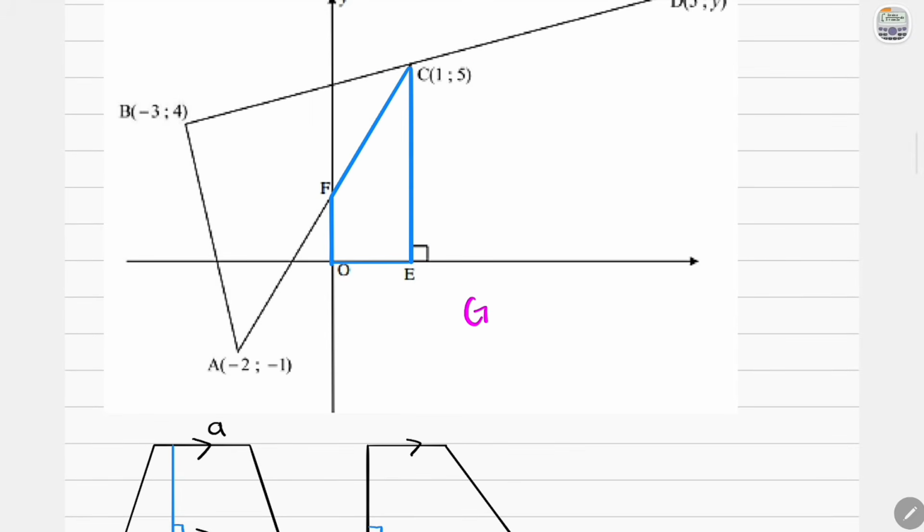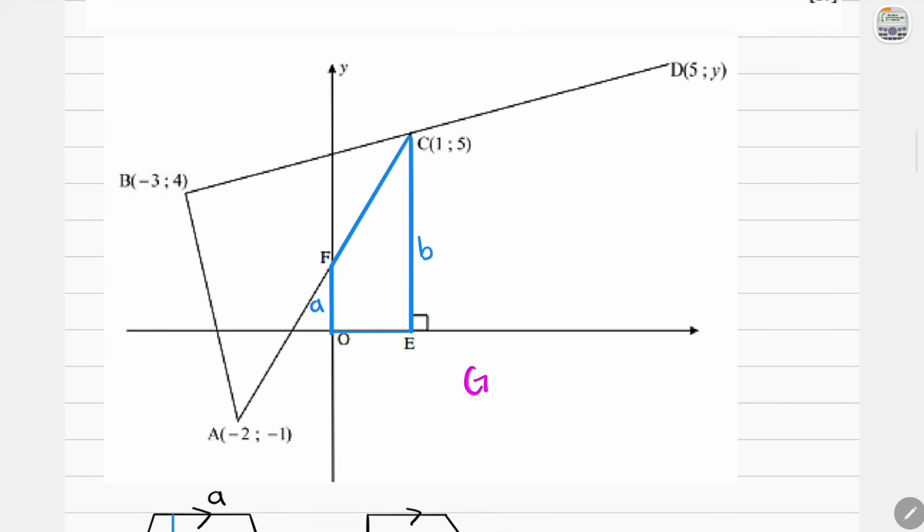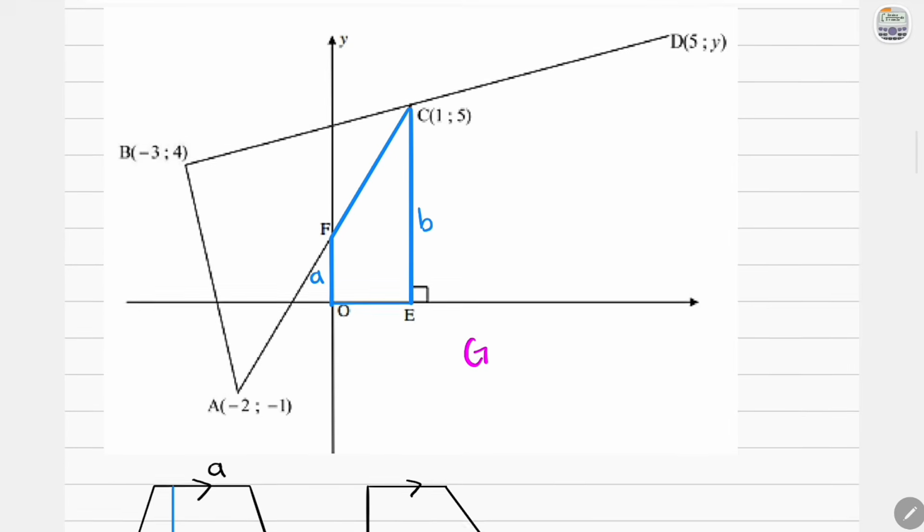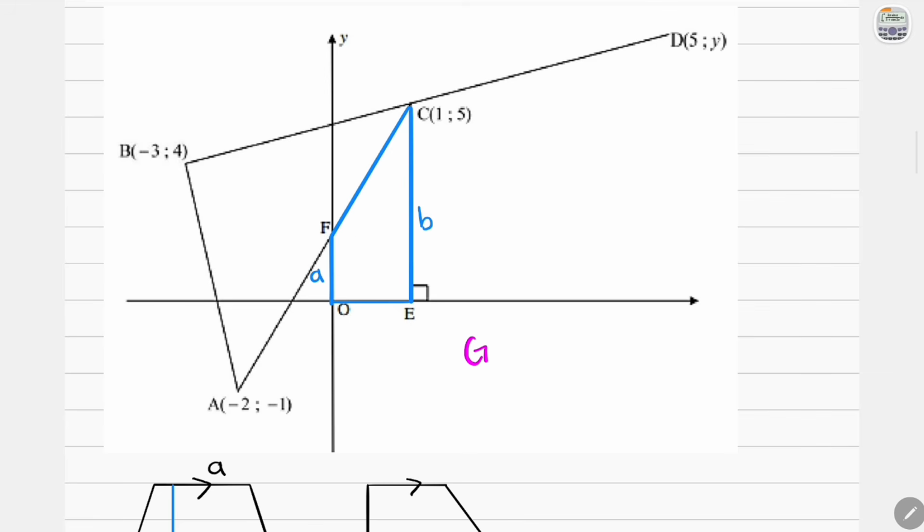Okay, so here you can see that if you tilt your head, so turn your head this way, you would see that this is the top part, that is the bottom part, and then this is the perpendicular height. OE is the perpendicular height. So let's look at the things we need to find. We need to find the length of OF, the length of CE, and then the length of OE. But of course, if you know E, then you know OE.